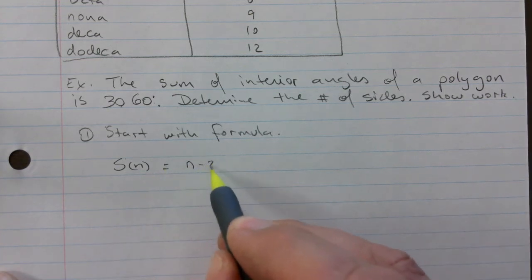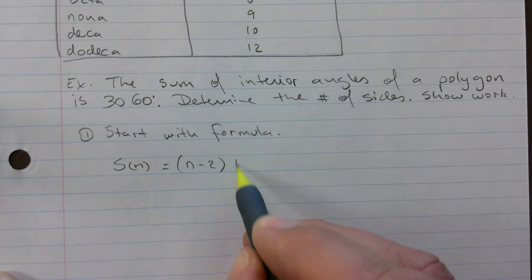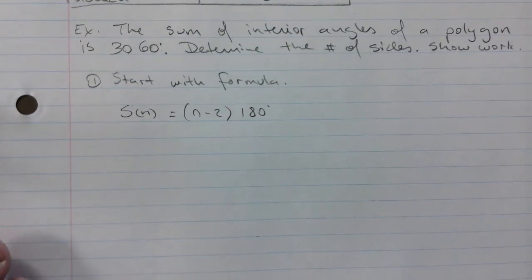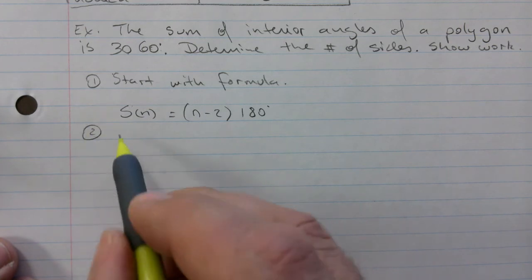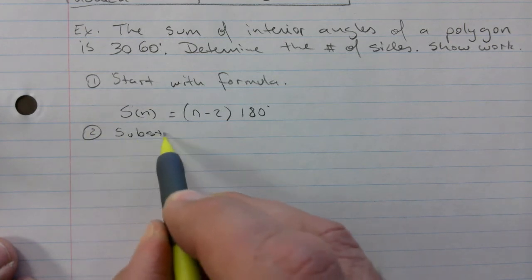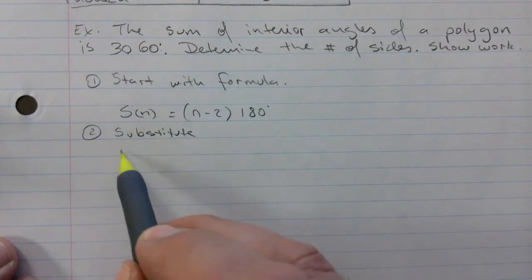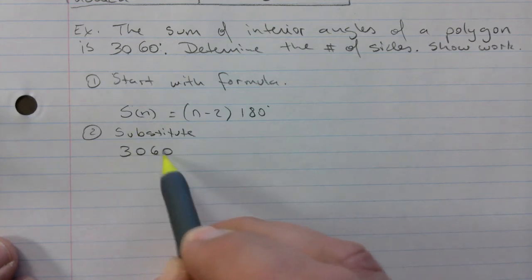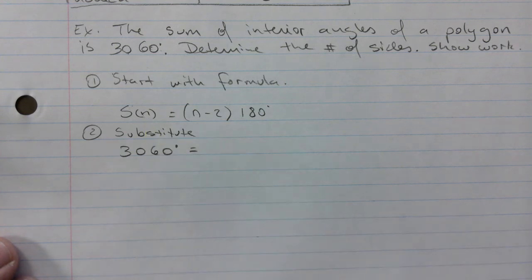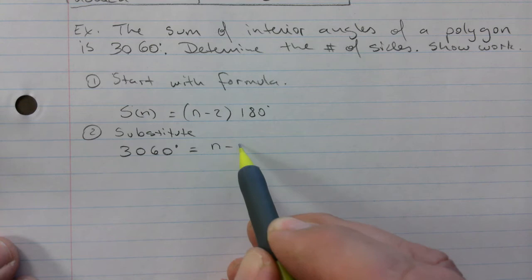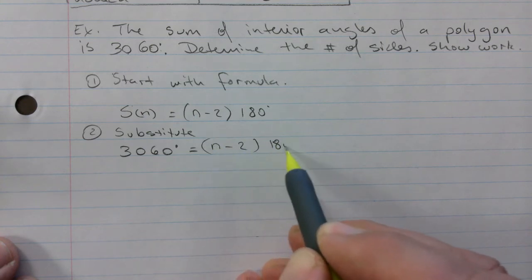So we know that the formula calls for n minus 2 times 180. So second step is substitute. So you put the 3,060 degrees in for S of n. And on the other side, you have n minus 2 times 180.